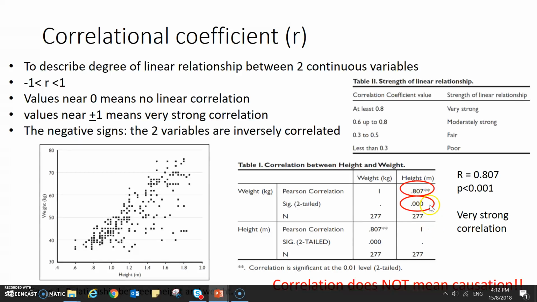However, always remember that correlation does not mean causation. What is the difference? Correlation simply means that these two variables are associated with each other. However, one variable need not necessarily have a causation effect on the other.